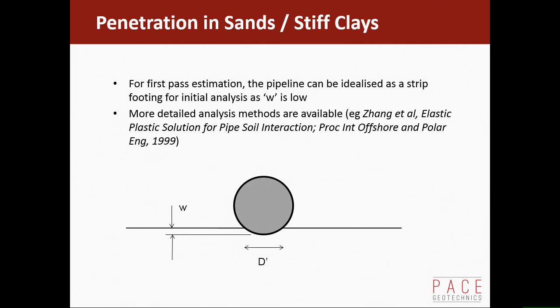The other point I would make on a hard seabed, particularly sands, we're considering the pipeline's soil friction as a frictional material, so it's really just the weight of the pipeline that's driving the resistance to both axial and lateral movement. And that probably goes for most hard, stiff clay sites.